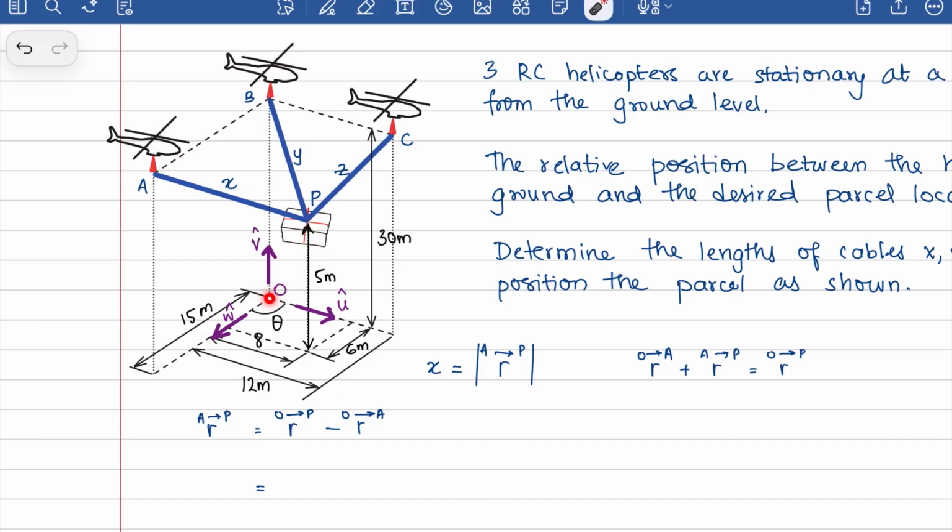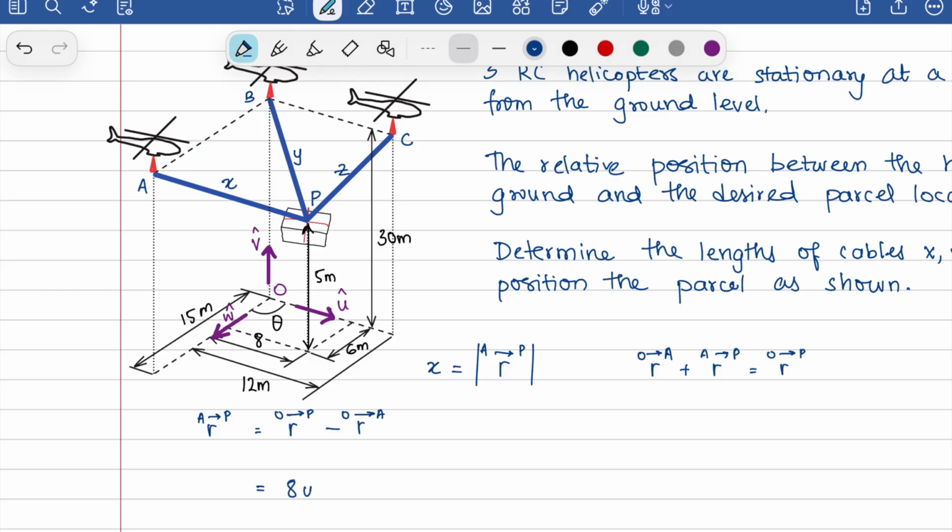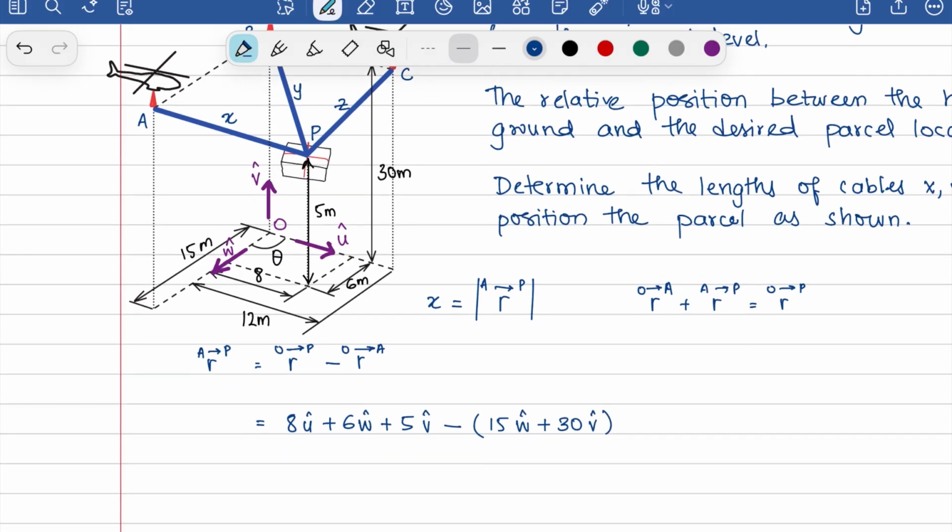So that is 8 along U hat plus 6 along W hat plus 5 along V hat, minus the position of O to A, which is 15 W hat plus 30 V hat, which then gives you 8 U hat minus 9 W hat minus 25 V hat.